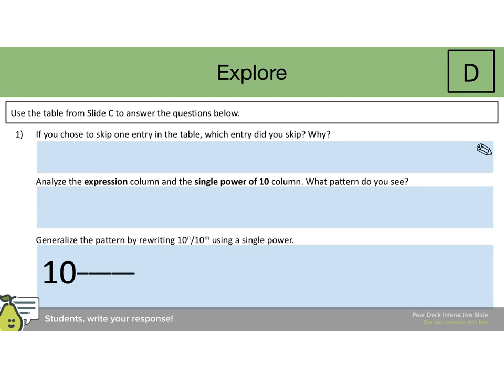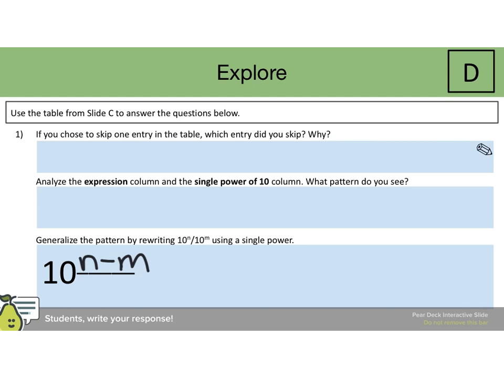And analyzing the expression column of the single power of 10, they should notice that the pattern is that there's essentially subtraction happening. And so the general pattern is 10 to the nth power divided by 10 to the mth power equals 10 to the n minus m power.